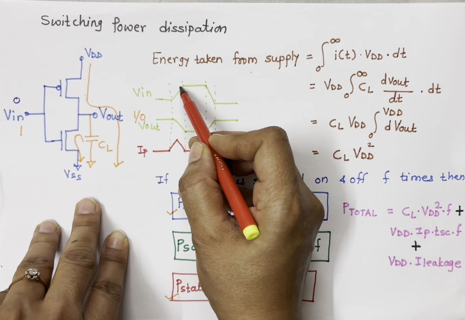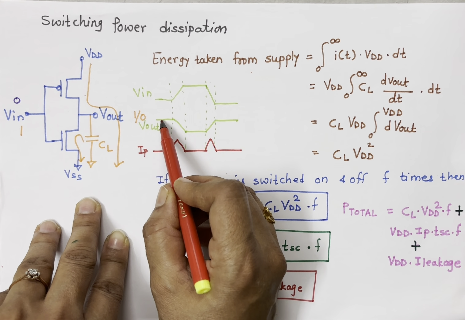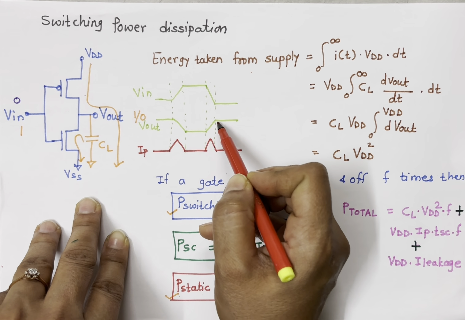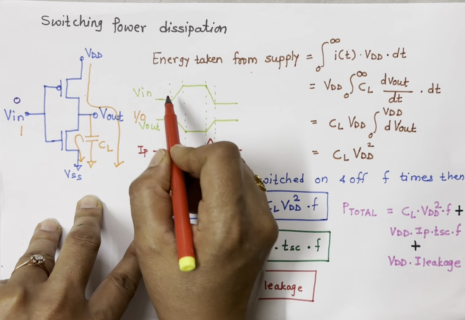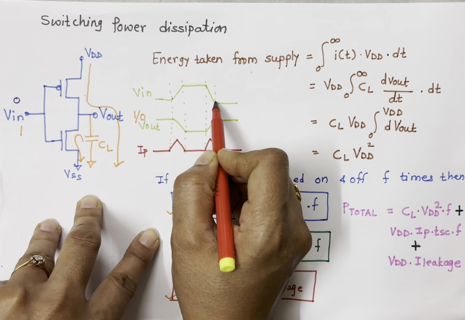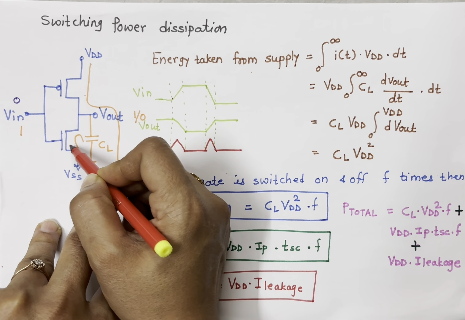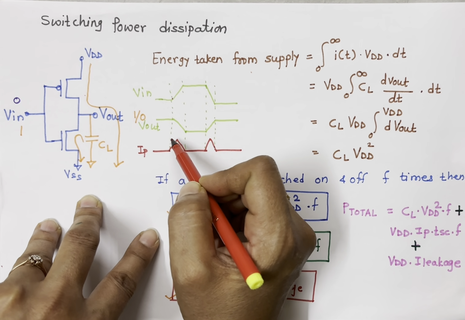There is some rise time, there is some fall time. Similarly, when output changes from 1 to 0, there is some fall time, and when again 0 to 1, there is some rise time. So during this rise time and fall time, both transistors, PMOS and NMOS, are on for some time.